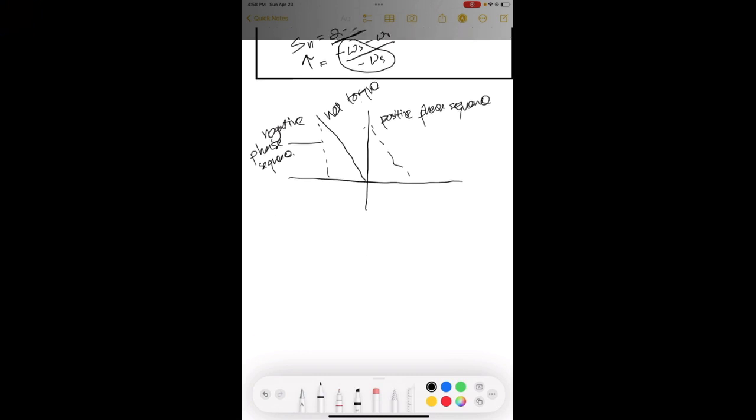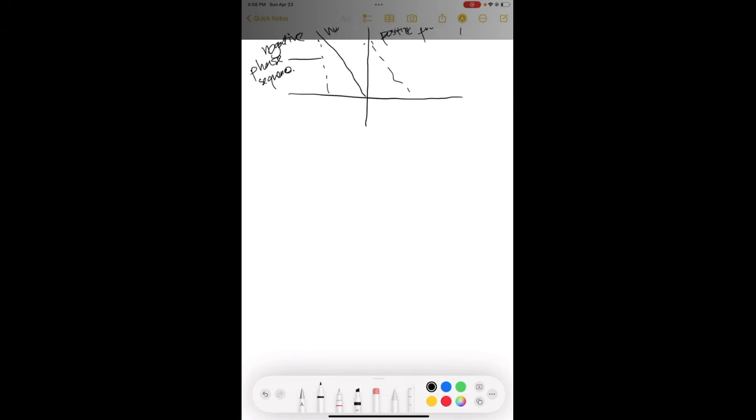Now there is one important note to be understood in a 3-lead connection.